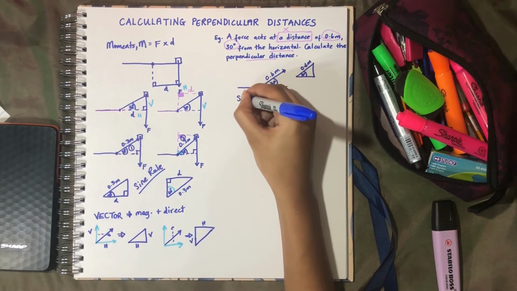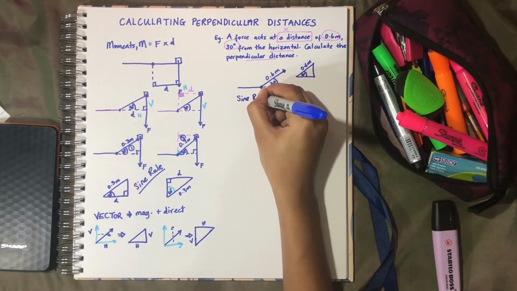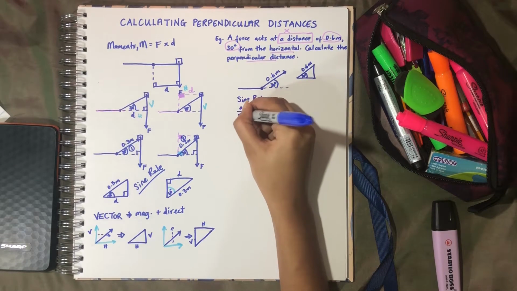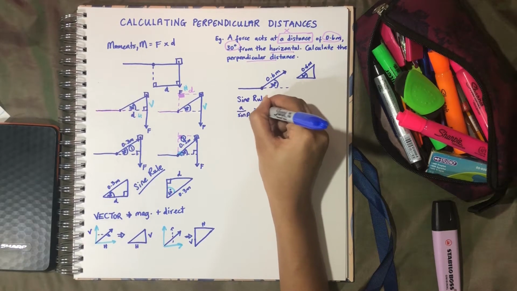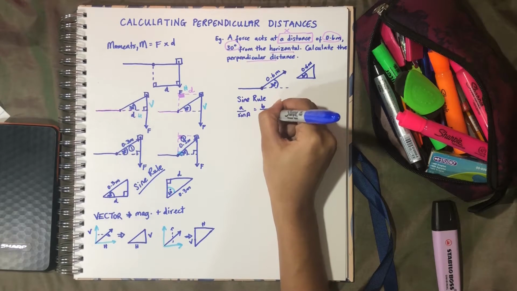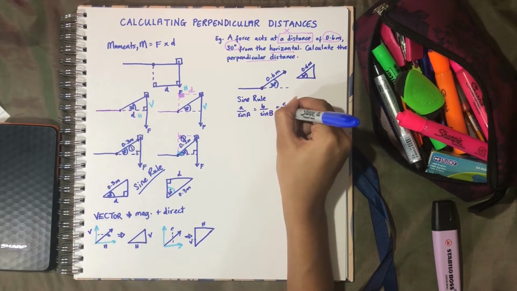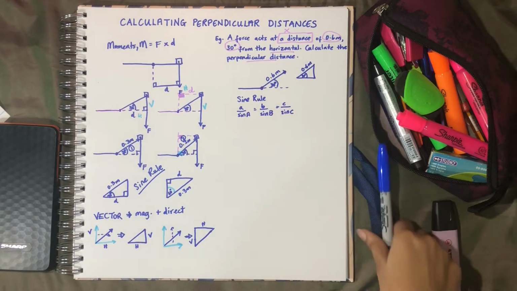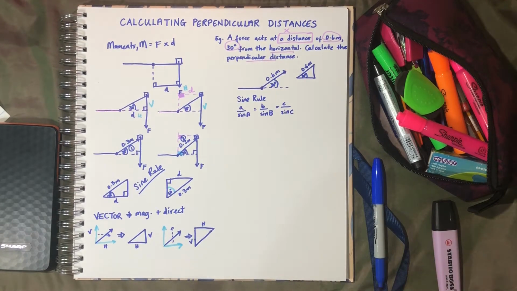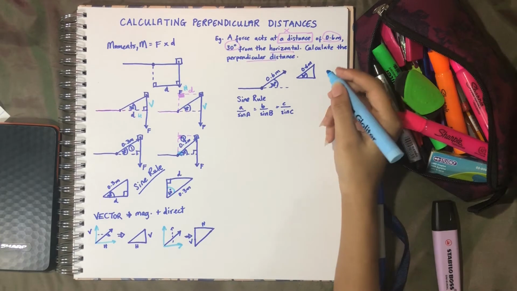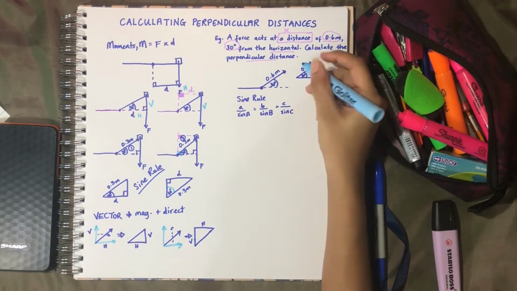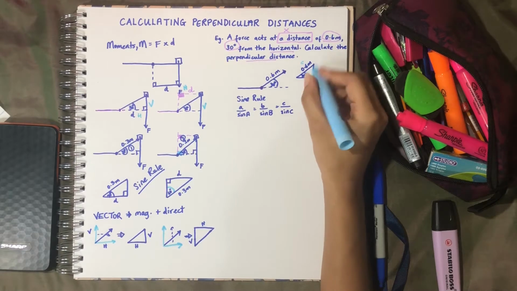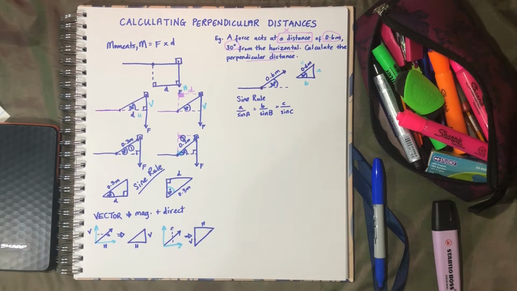The sine rule is a over sine A is equal to b over sine B is equal to c over sine C. So we need these variables, so let's just label the triangle. I'll put C here because we know C is always along this side, and I'll put A here and B here.